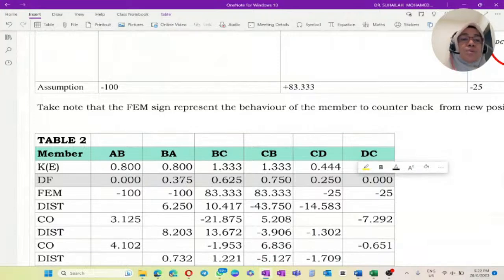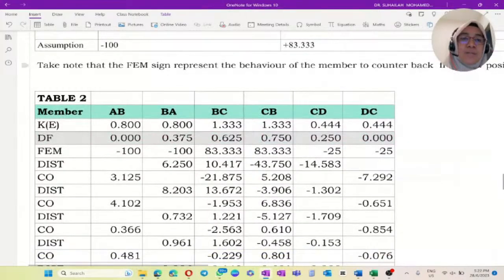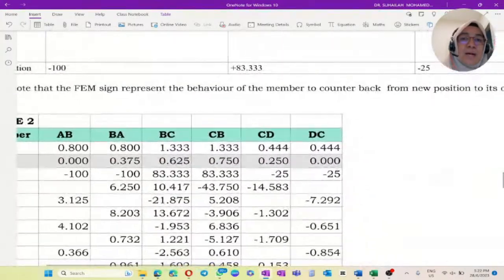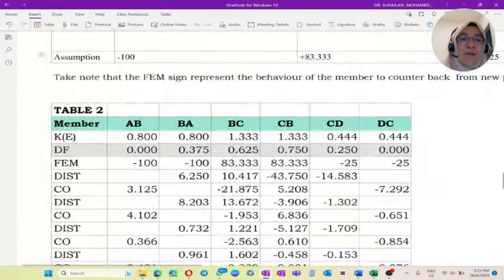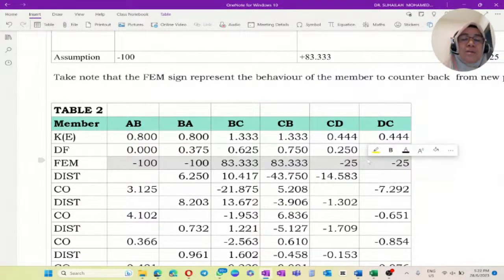The FEMs that we have just calculated based on the assumption, negative 100, positive 83.33, and negative 25, we put in the table as the end moments for each member.